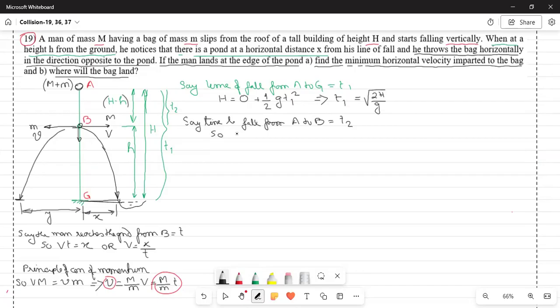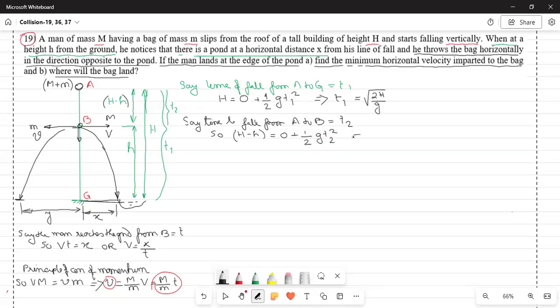So capital H minus small h will be equal to 0 plus half g T2 square.